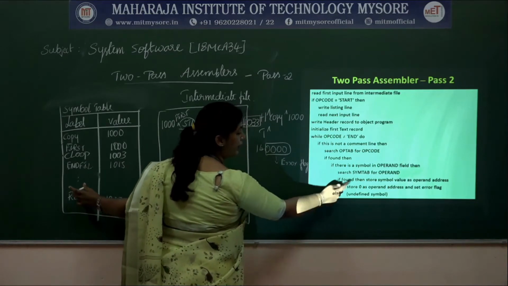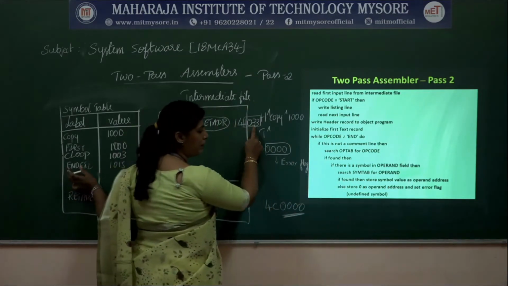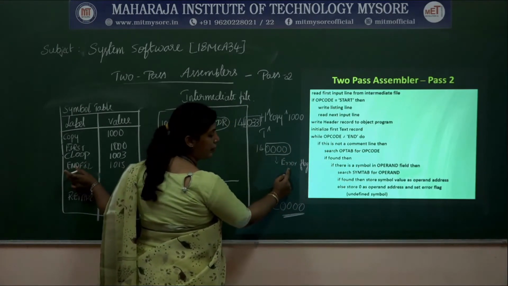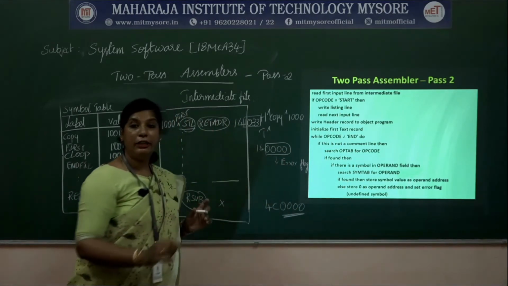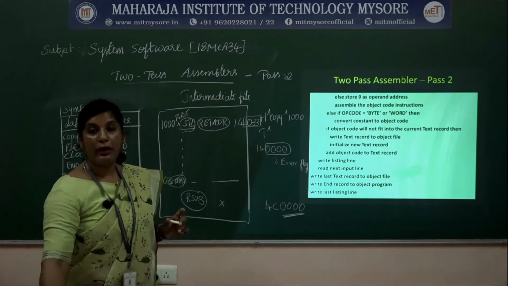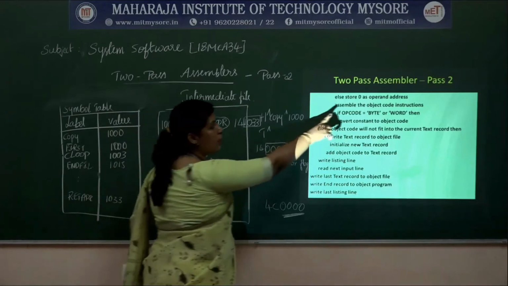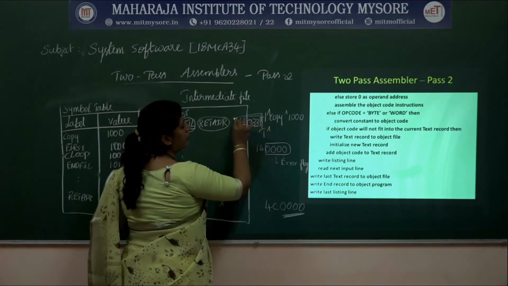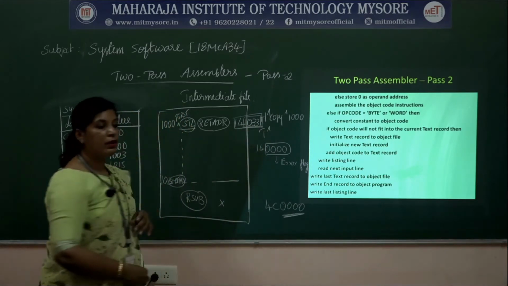If found, it stores the symbol value as the operand address; else it stores 0 as the operand address and raises an error flag, meaning the symbol is undefined and not defined in the label field. Otherwise it stores 0 as the operand address, and then it assembles the object code.